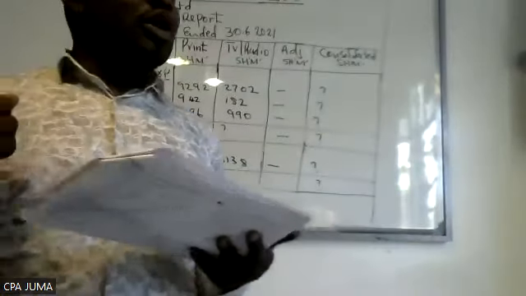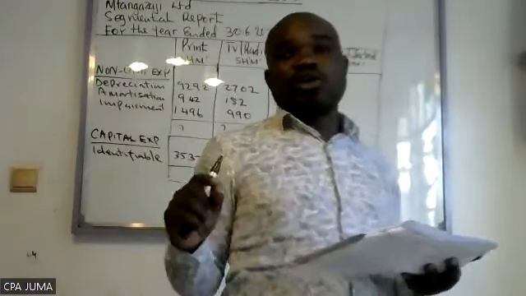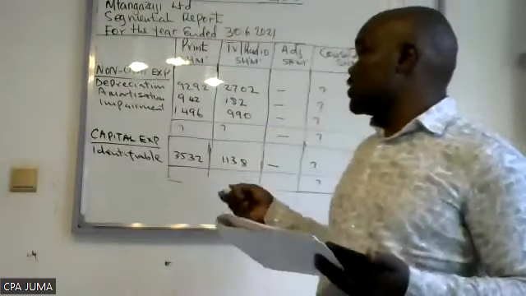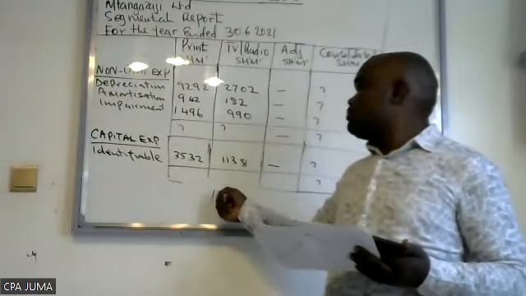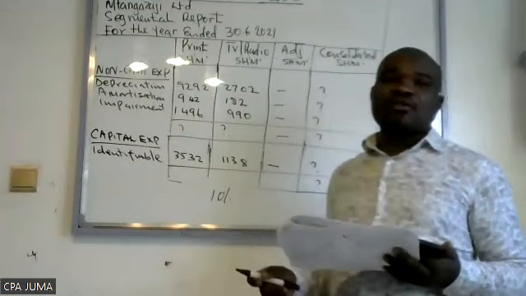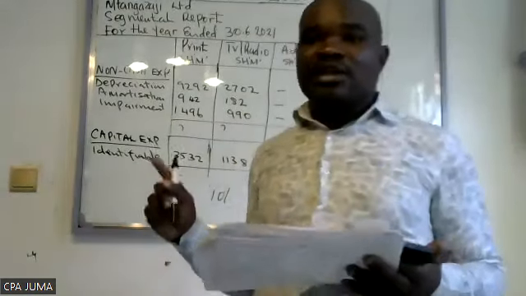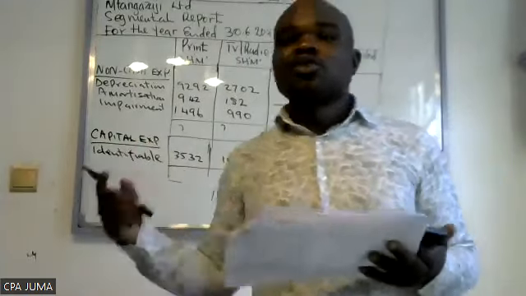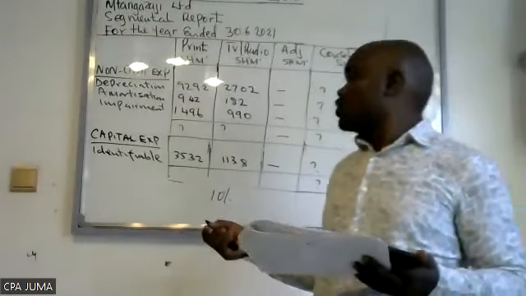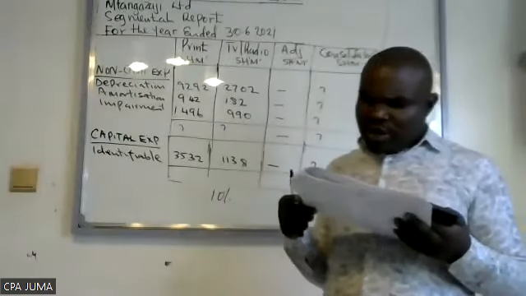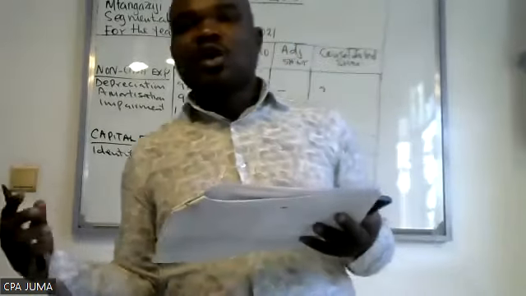So one, which I told you, the threshold for reporting on a segment, the assets, revenue, and profit must be at least 10%. The ones which have not met the 10% threshold should be aggregated together. The aggregation is the combination. The management of Mtangazaji has not told us which ones were aggregated.